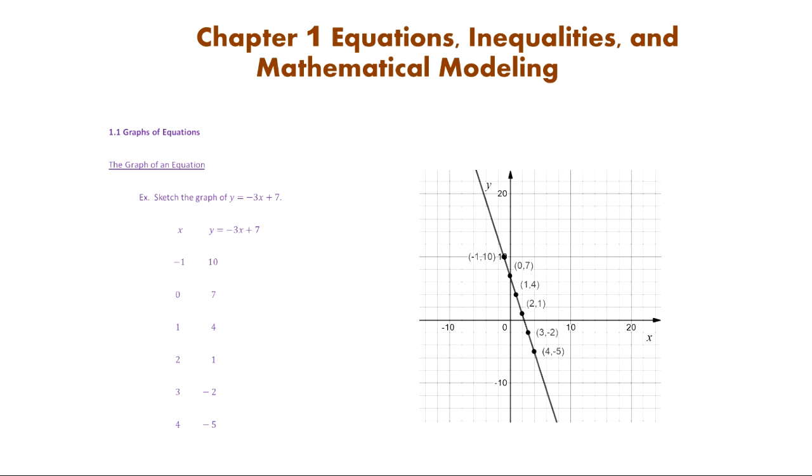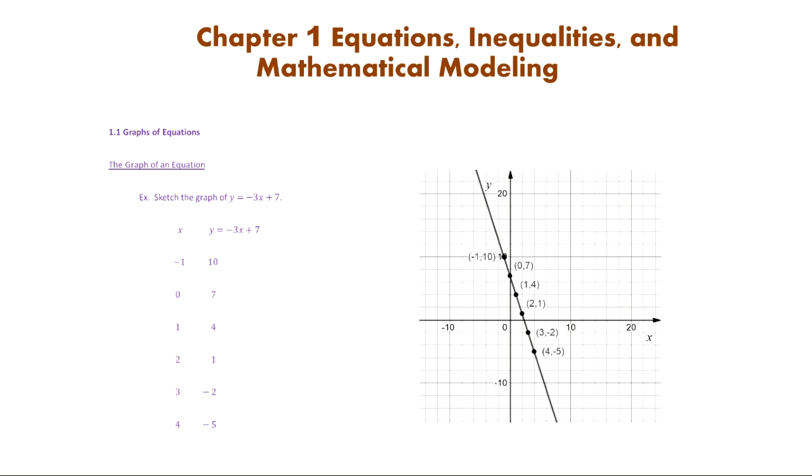And then plug in 1 for x in this equation. So we get y equals -3 times 1, which is -3 plus 7. So we got the 4. All right. And then I choose x equal to 2. Plug in 2 for x in the equation, we get y equal to -3 times 2, which is -6 plus 7. So we get a 1.